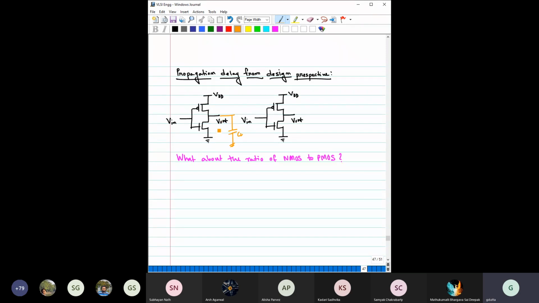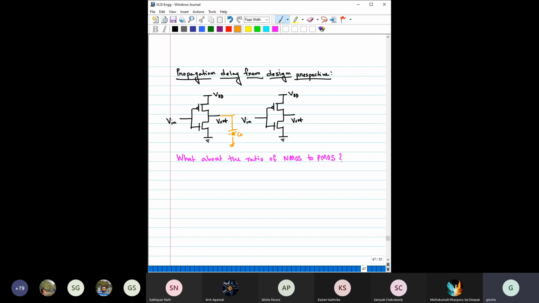So depending on that, we have seen we have to make the PMOS and NMOS ratios accordingly such that their equivalent resistance would be the same. But that is from the perspective of the symmetrical VTC and symmetrical charging and discharging, not from the propagation delay perspective.